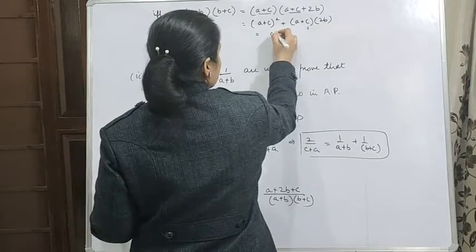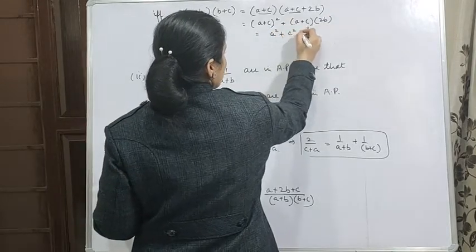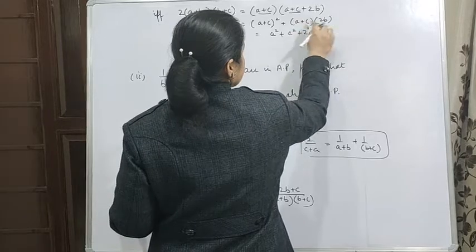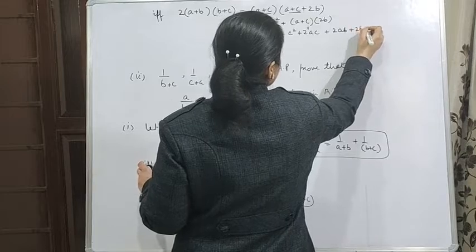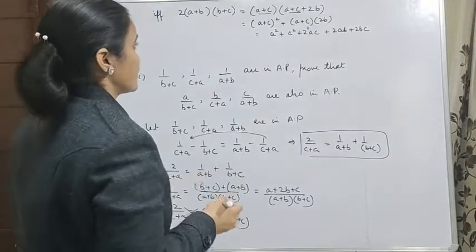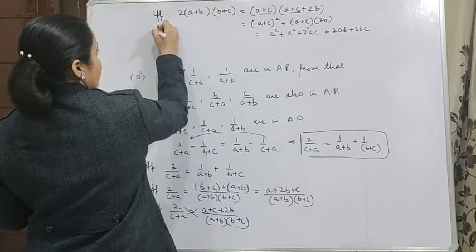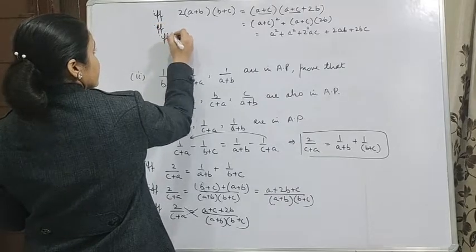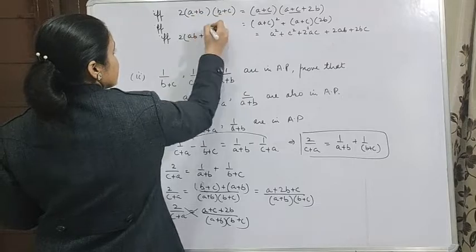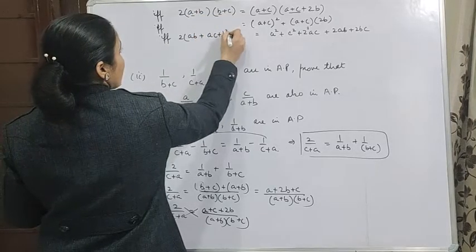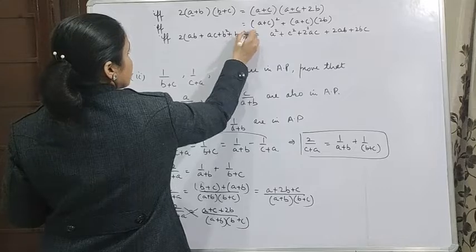So a plus c whole square is a square plus b square plus 2ab, and let us multiply this 2ab plus 2bc. So here you have if and only if 2 times ab multiply this ab plus ac plus b square plus bc.